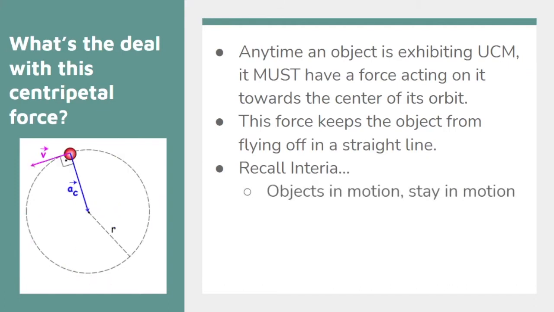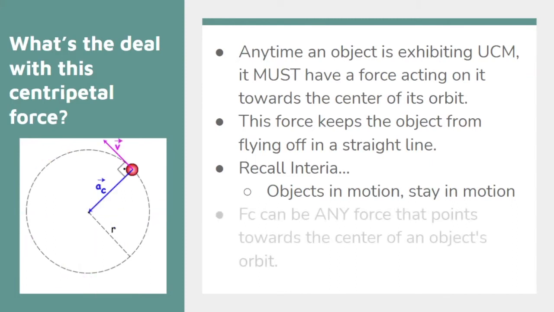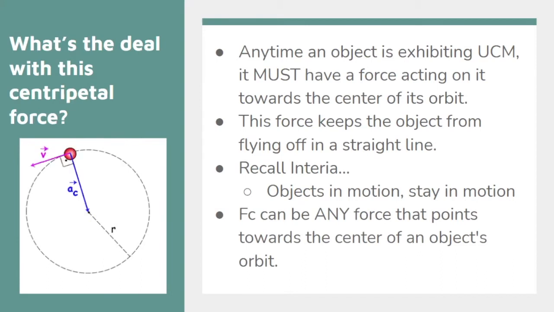This is an important concept, and we'll come back to it a little bit later in the notes on how inertia is going to play a role in our centripetal force and uniform circular motion in general. Let's just wrap up this slide saying that centripetal force can be any force that points towards the center of an object's orbit. On the next slide, we're going to talk about what types of forces it could be, just a few examples.